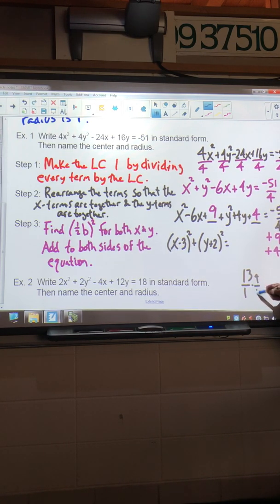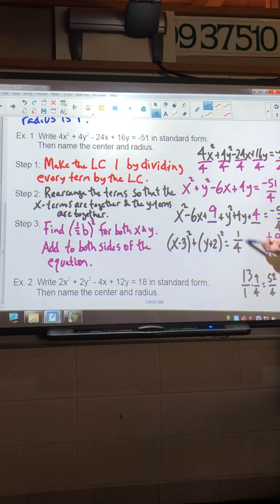And if I get a common denominator, that would be 52/4. If I add that to negative 51/4, then I'm left with positive 1/4.